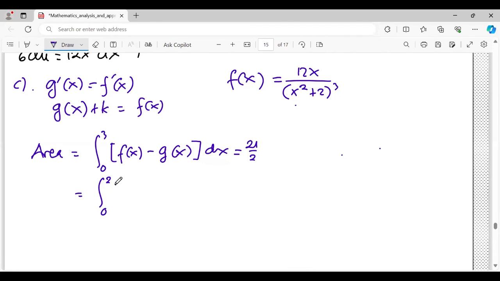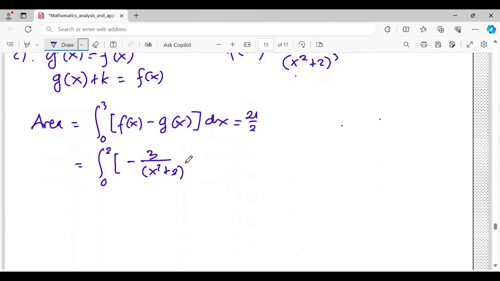So this is minus 3 over (x squared plus 2) squared, plus kx. This is the integral.